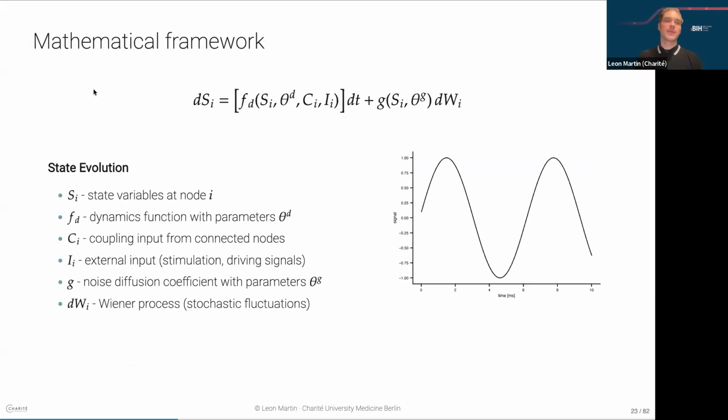So to sum it up, we have the full mathematical framework. So the state over time and the change of it is defined by the function of the local dynamics, the current state, a set of parameters, the coupling input from the connected nodes, maybe an external input over time, plus the noise we add with different noise processes, because we not only model the deterministic part, we can also add some stochastic fluctuations and kind of an error term of all the ground noise a network has.